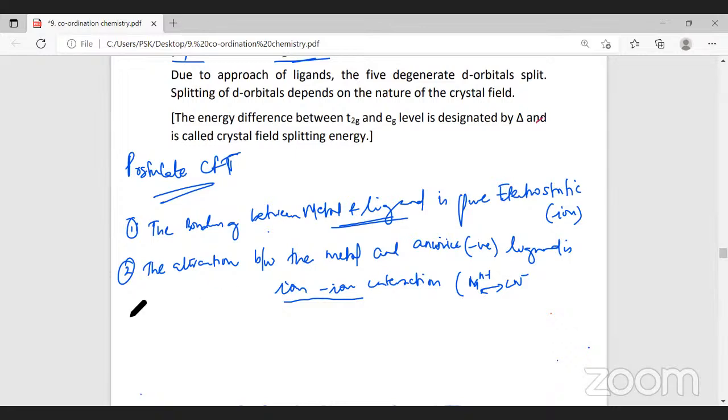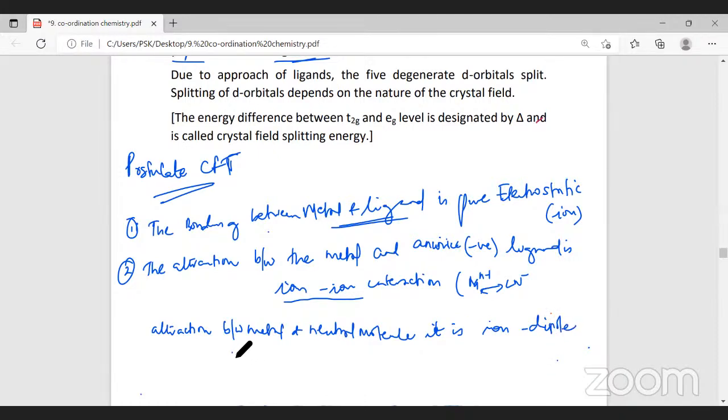Now, similarly, the attraction between the metal and a neutral molecule is ion-dipole interaction. I'll explain. Metal is positive.